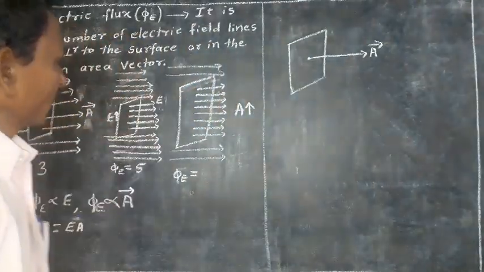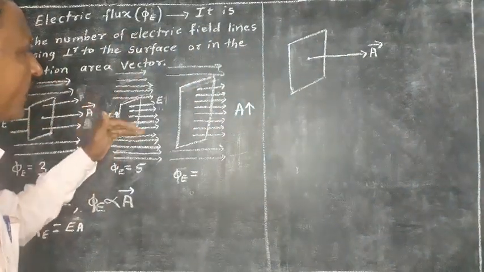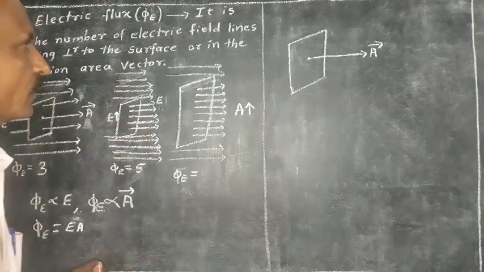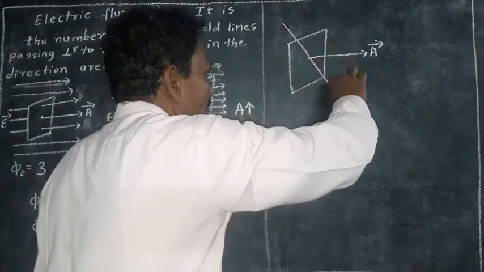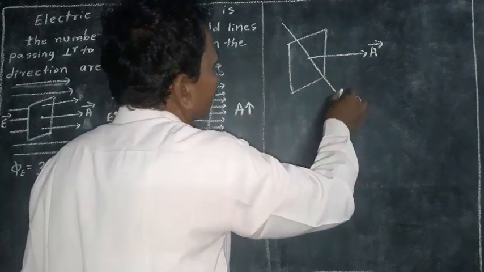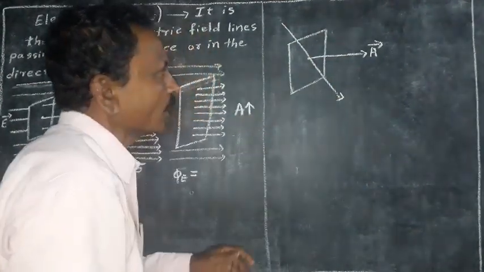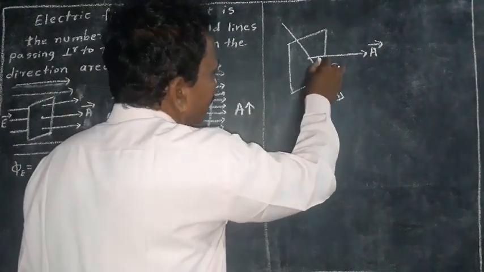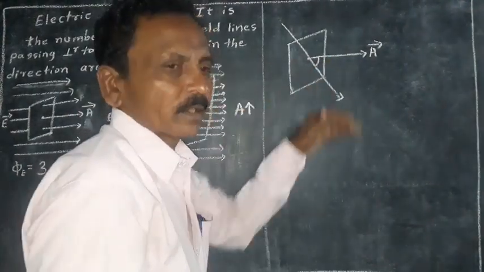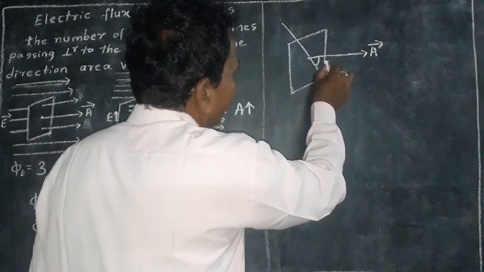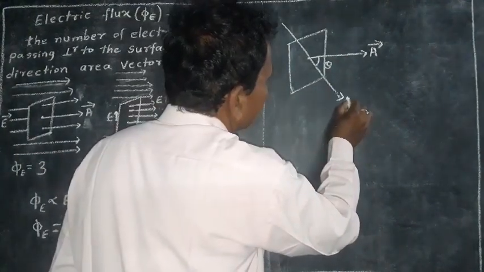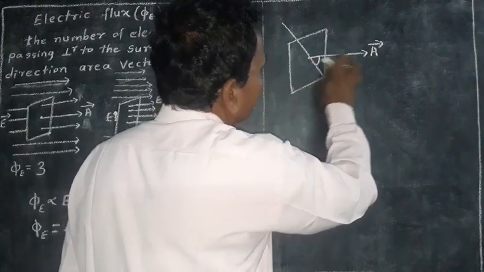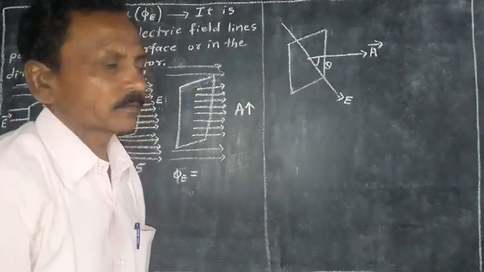And if intensity of electric field is in this direction, it is not perpendicular to the surface, it makes an angle theta with the area factor. Let theta be the angle made by intensity of electric field with area factor.